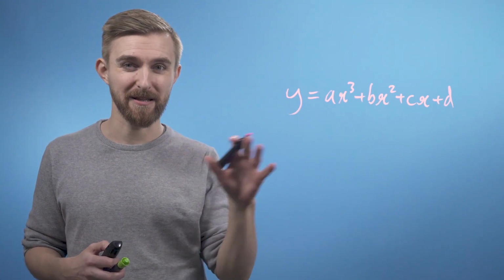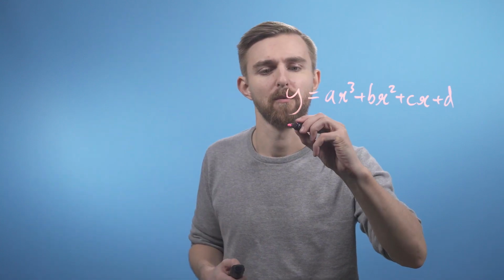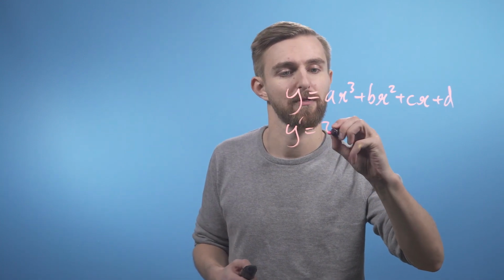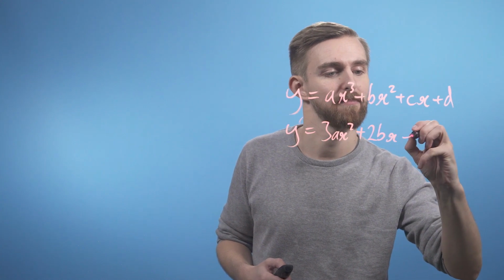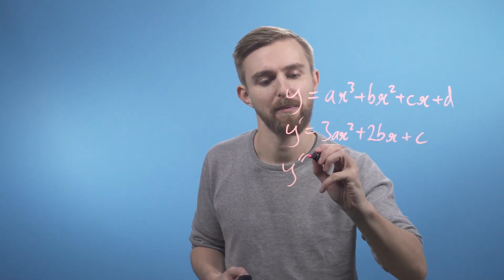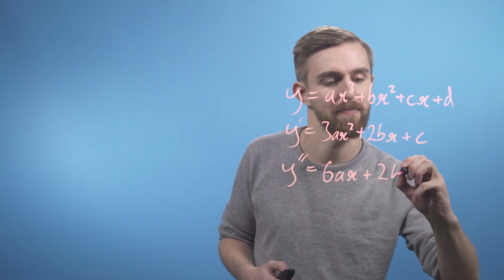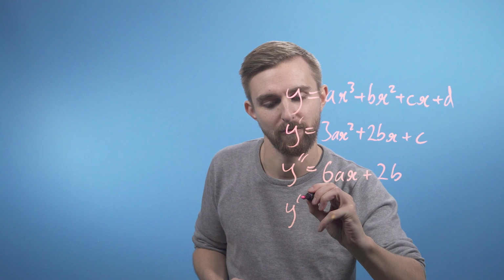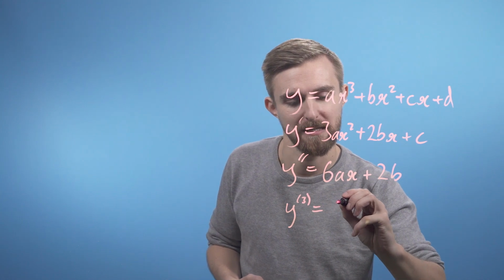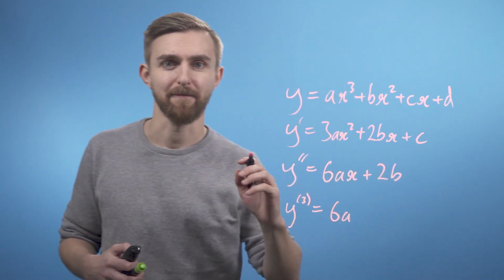So let's now differentiate this thing three times. y prime equals 3ax squared plus 2bx plus c. y double prime equals 6ax plus 2b. And y triple prime is just going to be 6a.